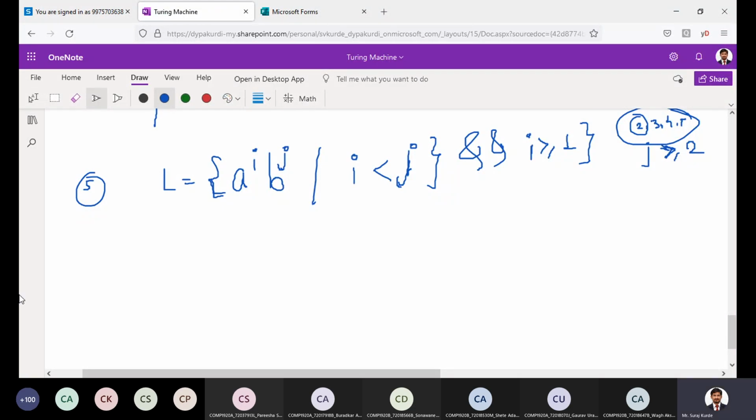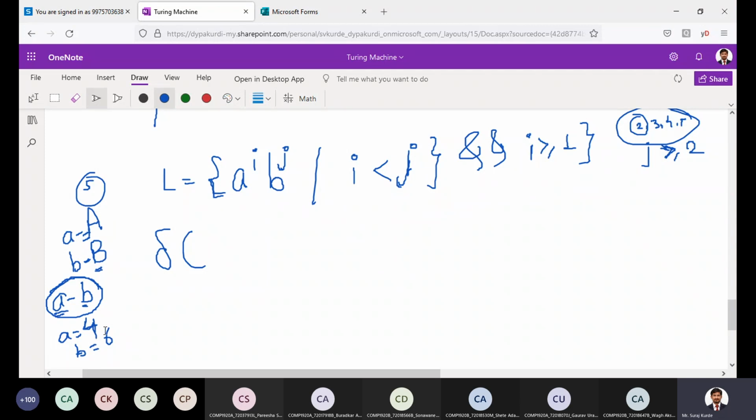What will be the change? Let's say small a is replaced with capital A, small b is replaced with capital B. For each a, we will replace a b because the number of a's is less than the number of b's. That means for each a, there is a b. Whenever you find a, replace with capital A, whenever you find small b, replace with capital B. So let's say a is equal to 4, then b is equal to, let's say, 6.